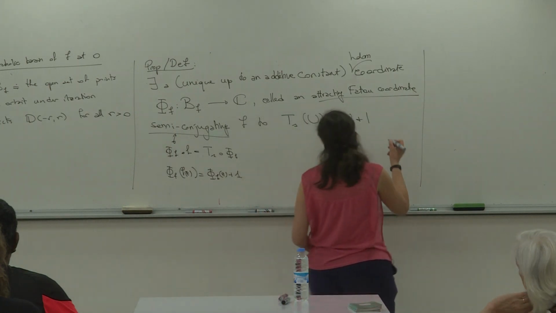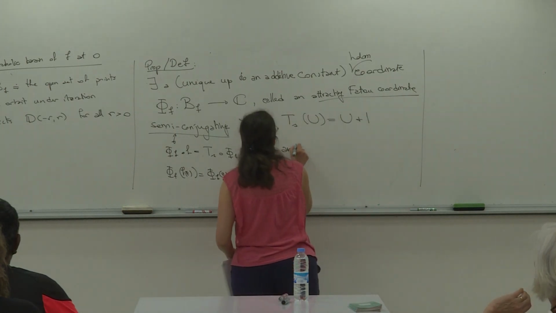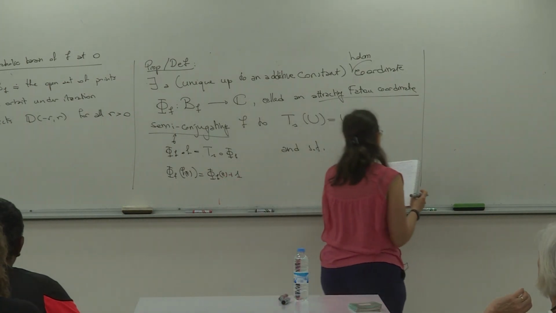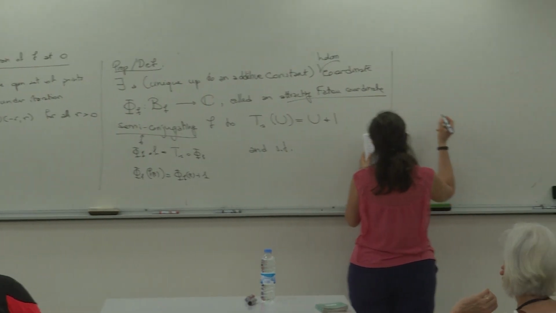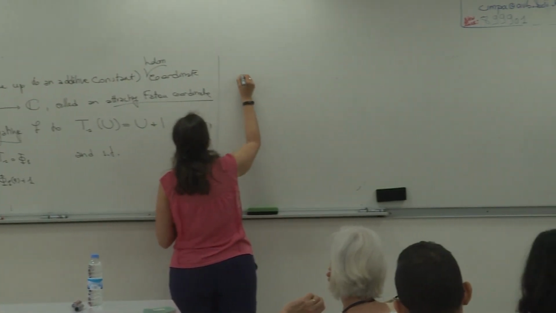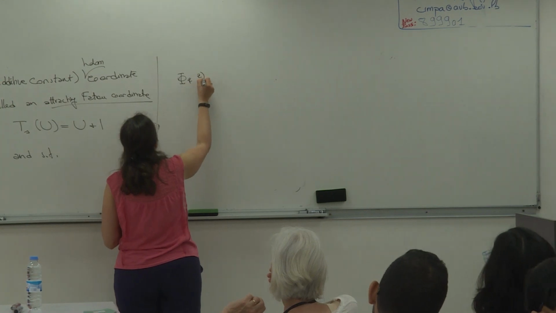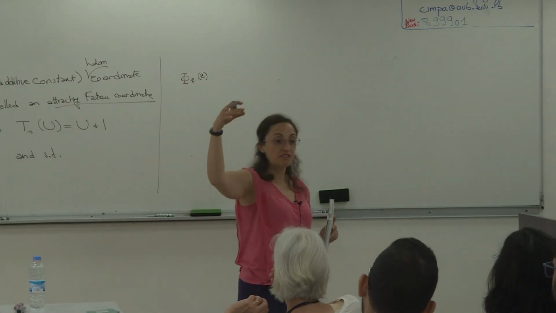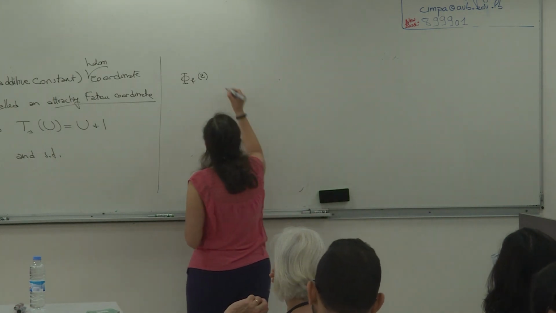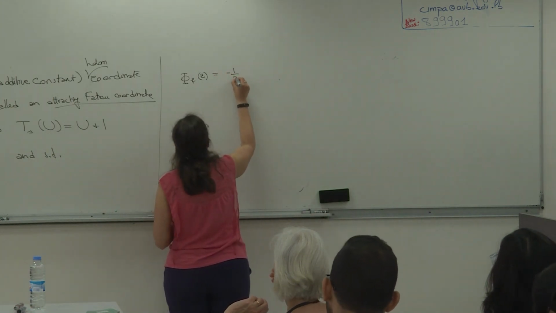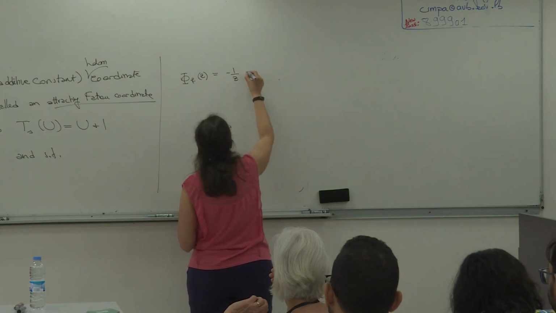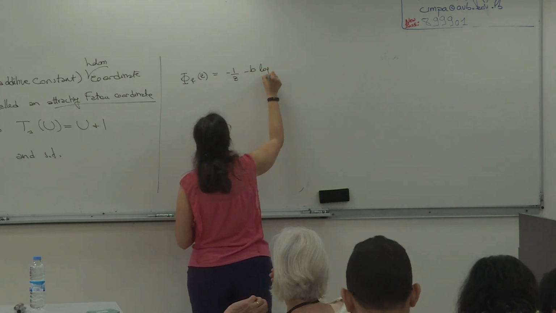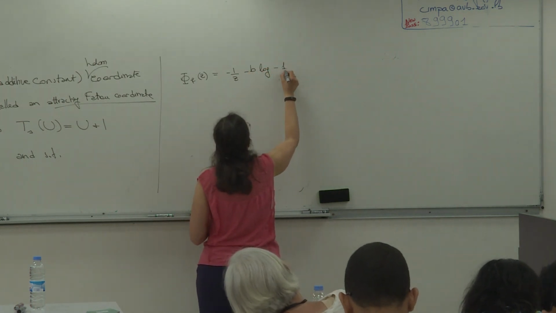And well, actually, moreover, and this is kind of very important for us, we can write down its asymptotic development at infinity. So this is going to be equal to minus 1 over z, as we saw before, minus b log of minus 1 over z.